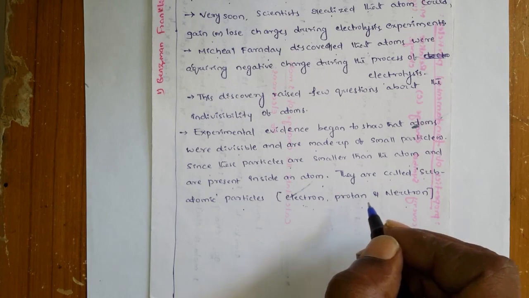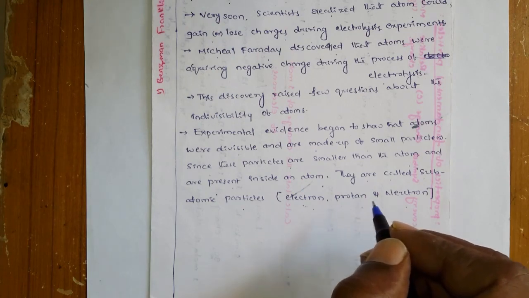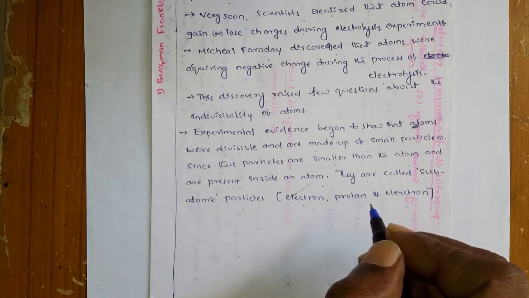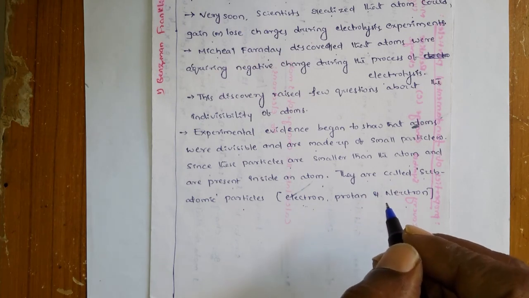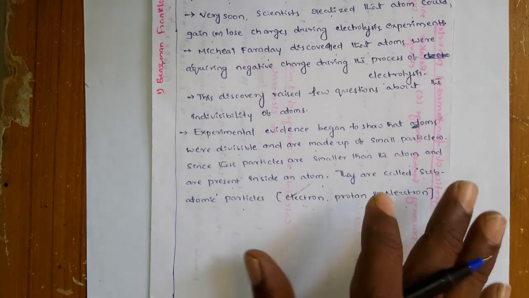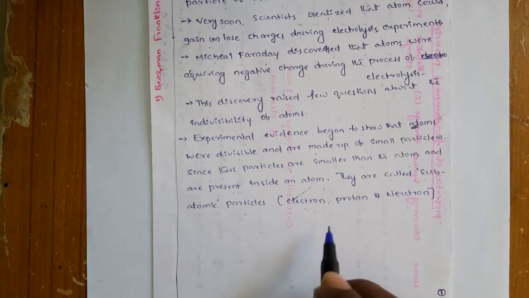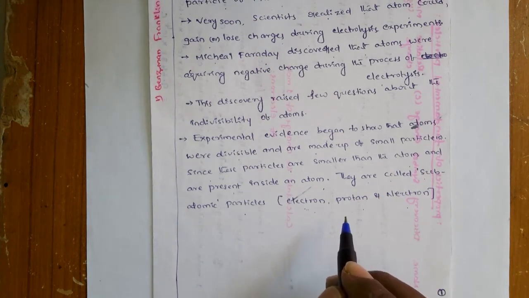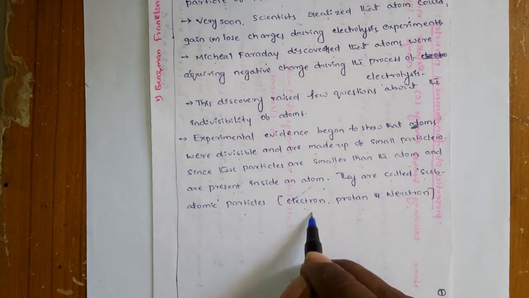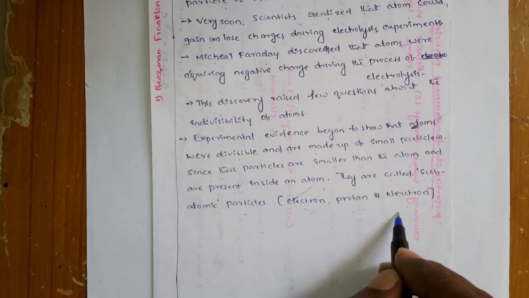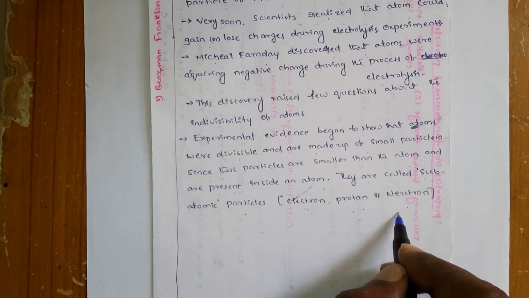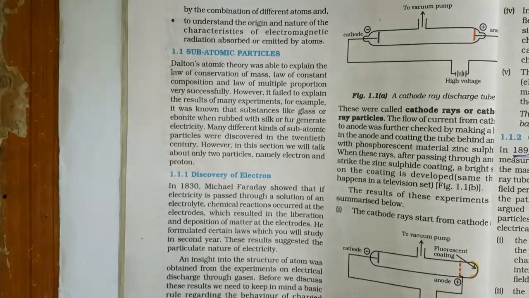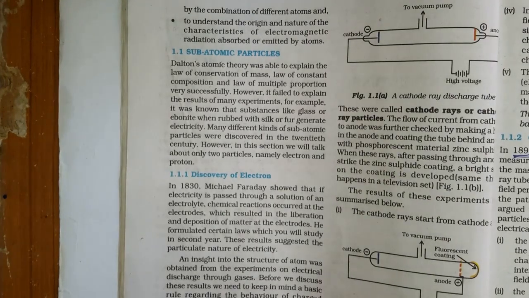Whenever the technology develops, you can discover the smallest things. But right now, the atom can be divisible into subatomic particles, those are electron, proton as well as the neutrons.